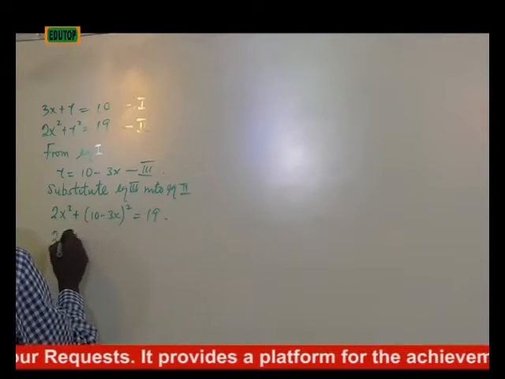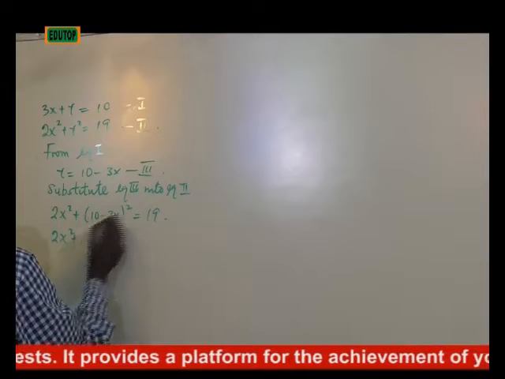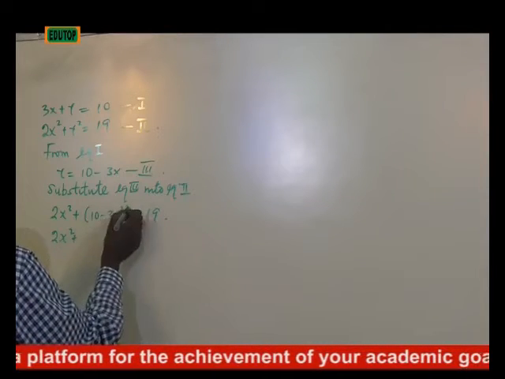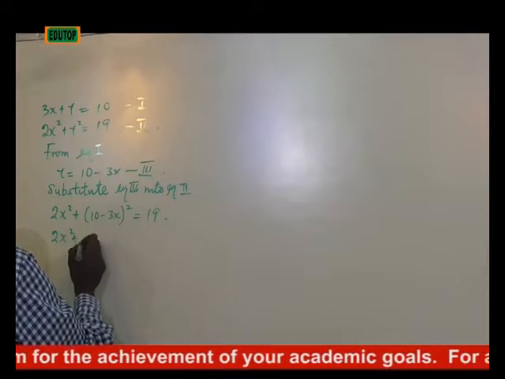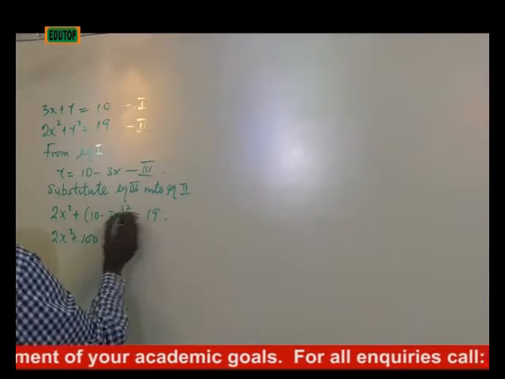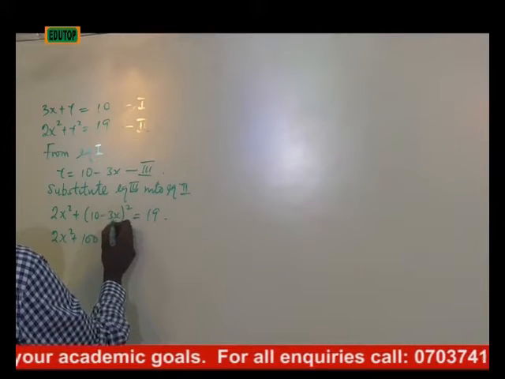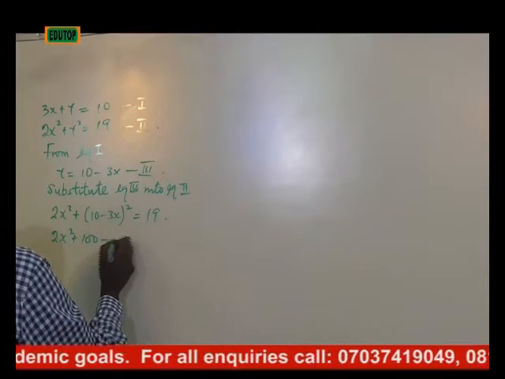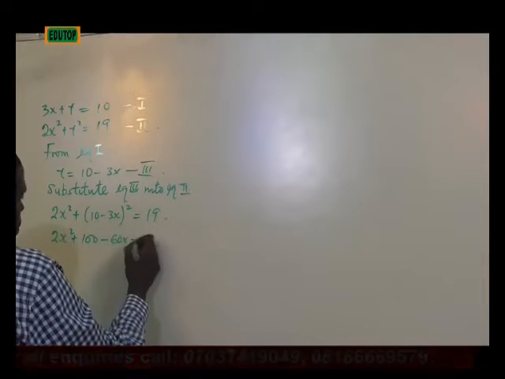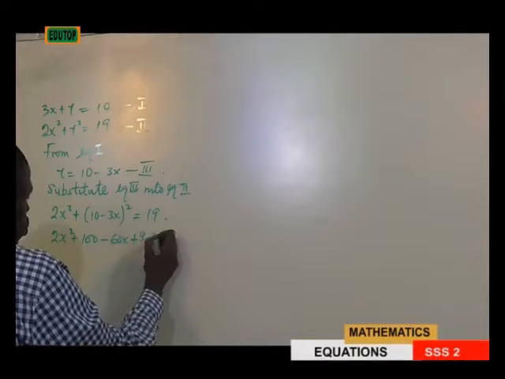Now this one becomes 2x squared. By expanding this, 10 raised to power 2, we have 100. 2 times 10 is 20, 20 times 3x becomes minus 60x. Then this one becomes plus 9x squared.